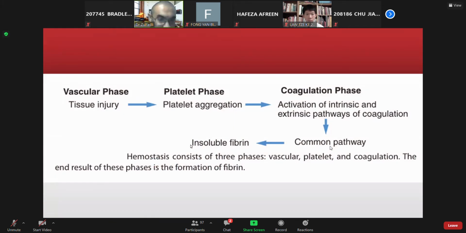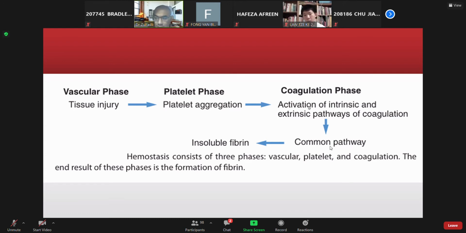Okay. As I mentioned just now, when there is a tissue injury, vasoconstriction happens. At the same time, platelet aggregation has already started or been activated, and then the intrinsic and extrinsic pathways of coagulation are activated. Please read more on the intrinsic and extrinsic pathways of coagulation.